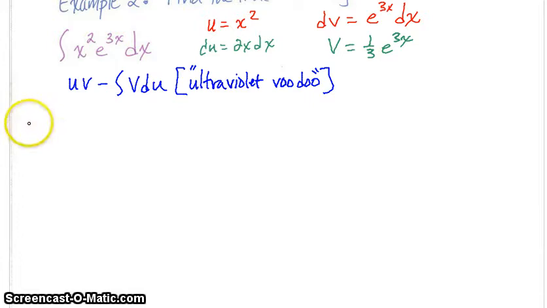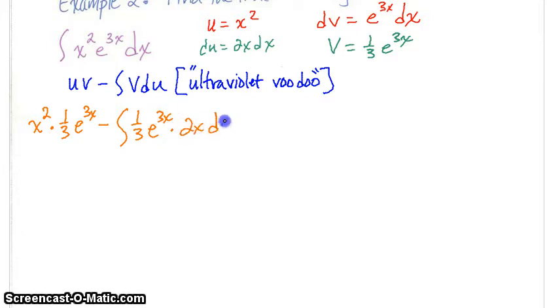So my u, x squared, times my v, 1/3 e to the 3x, minus the integral of 1/3 e to the 3x times 2x dx. Awesome.